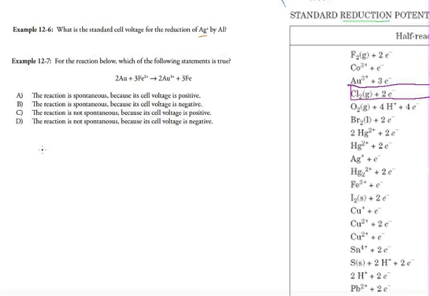So if we were to write out a couple of half reactions here, we might find, for instance, that Ag+ would gain an electron to become neutral Ag.